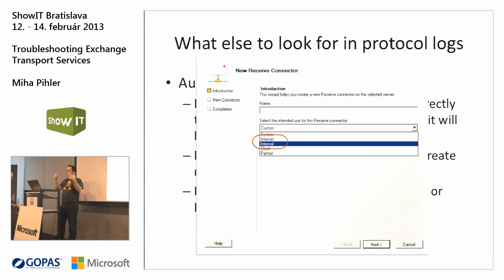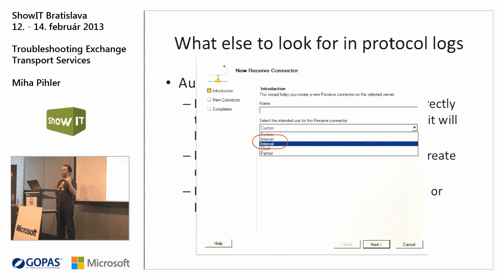Or they need to create the internet connector, and they will choose the internal one. It doesn't work, because the wizard sets the connector to either authentication or no authentication. And you have to do the same on the send connector. The send connector must be set to send authentication if you have the receiving connector set to require authentication.